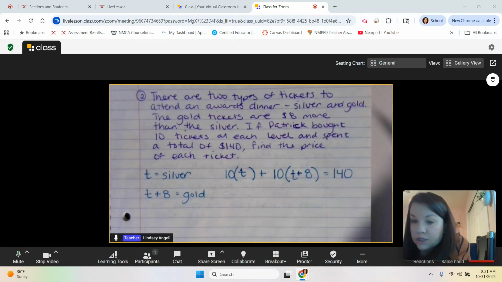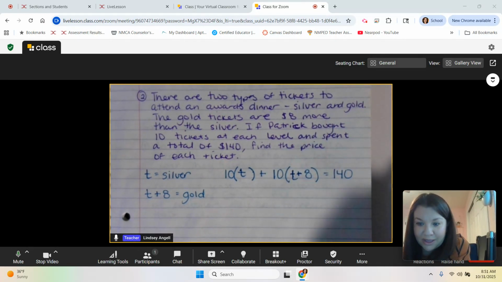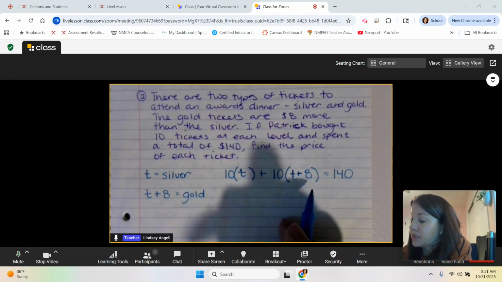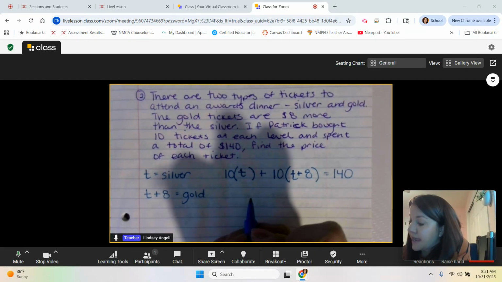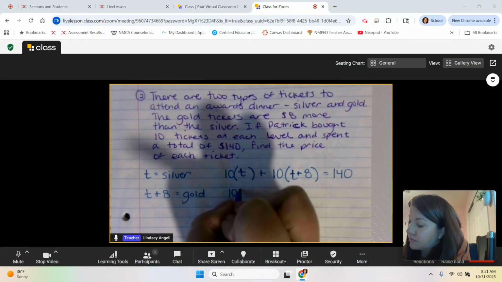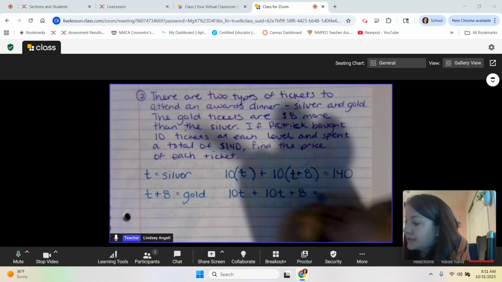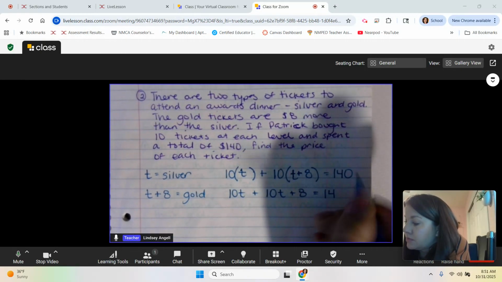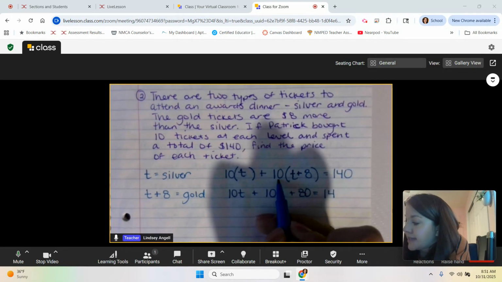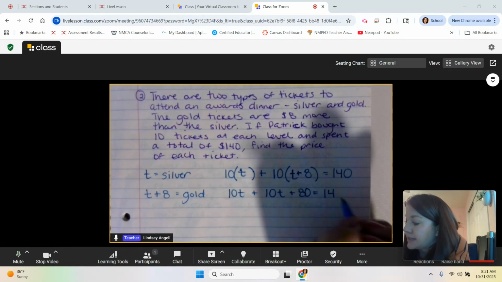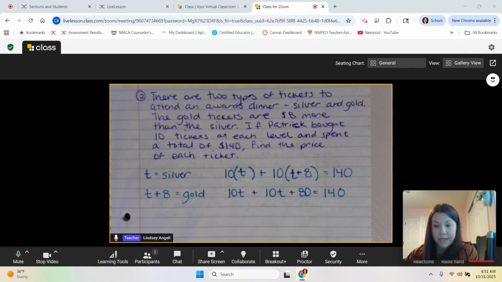I'm just making sure that I'm reading it correctly. I did a bad thing and didn't read it again. If Patrick bought 10 tickets at each level and spent a total of $140, find the price of each ticket. Yeah, so we can do this. We have 10T plus 10 times T plus 8. Oops, I'm sorry, plus 80, because that 10 needs to be applied to the 8 as well, equals 140.